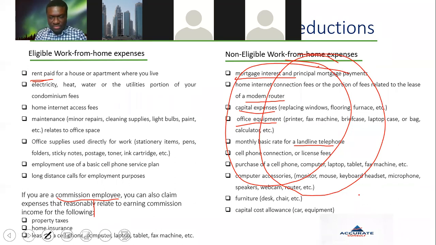Okay, yes. So which of these options is advisable for me to take? Is it the eligible work from home or non-eligible work from home, because I have other businesses I'm running as well. So we have two options here. One is for people working from home, full-time salary. The other one is for non-eligible work from home expenses.